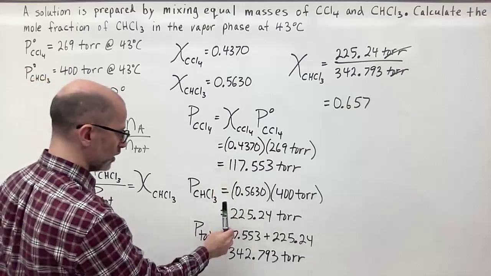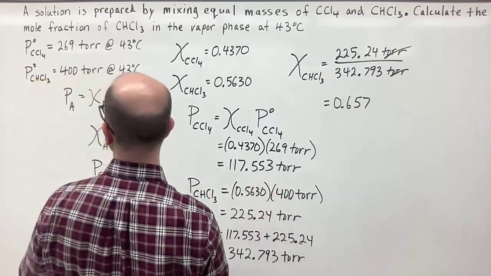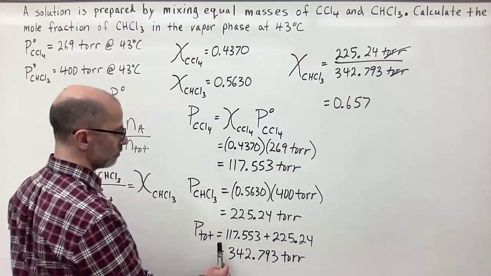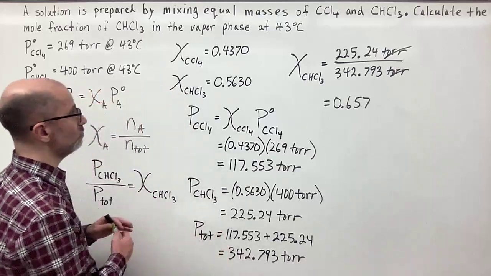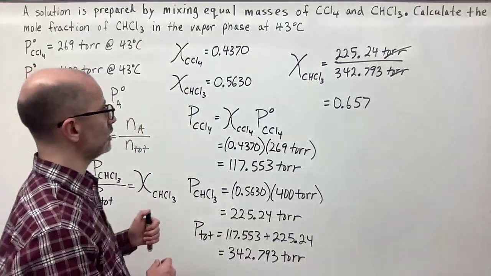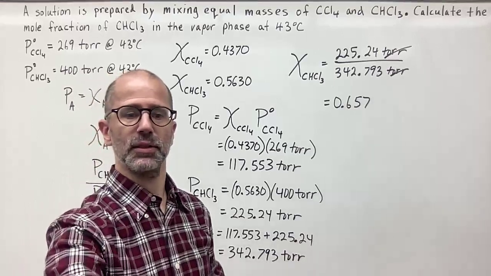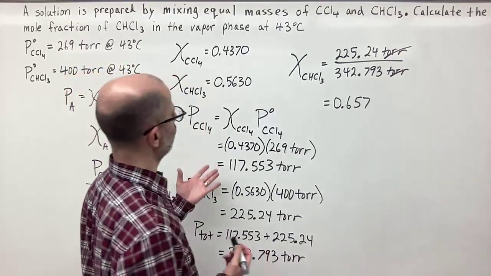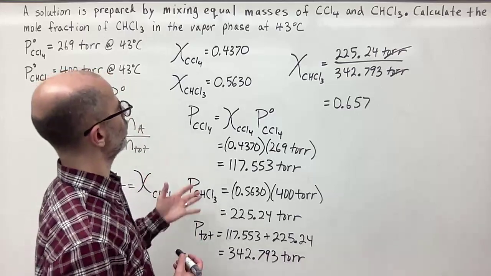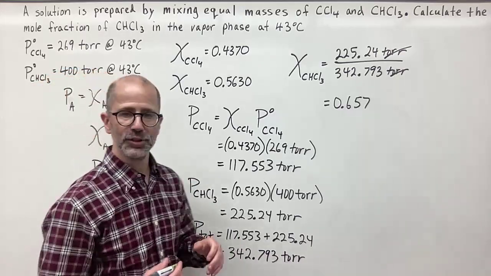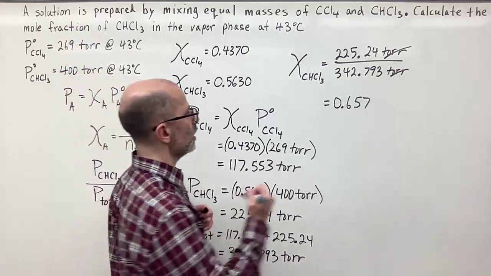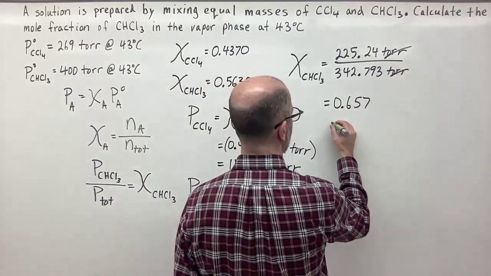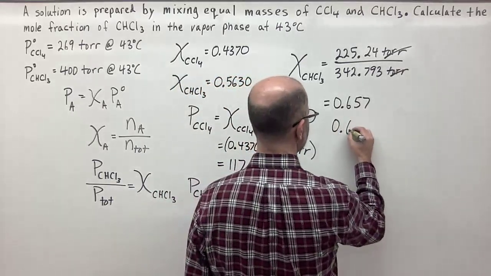We won't worry about sig figs for this one, since we start with the molar masses. That's the only one that we use, and that was like 4 or 5 sig figs. So this would be the final answer, or if you wanted to round it to 2 sig figs, you could round it to 0.66.